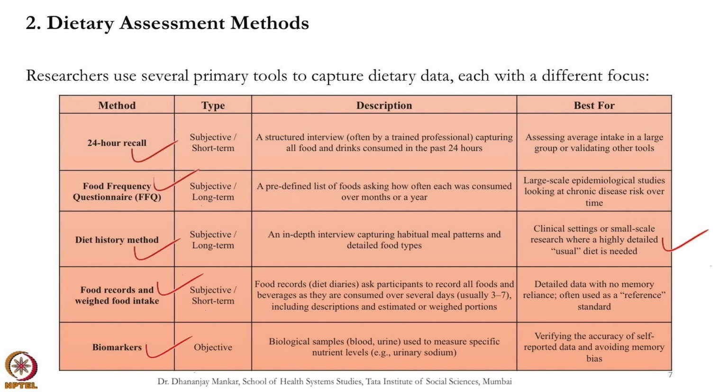It is used for verifying the accuracy of self-reported data and avoiding memory bias, which is more present in the previous cases that are subjective, whereas here it is more related to the objective part of the outcome. So this shows how important it is to choose dietary assessment methods to capture the dietary data and to make decisions on the basis of the outcomes.